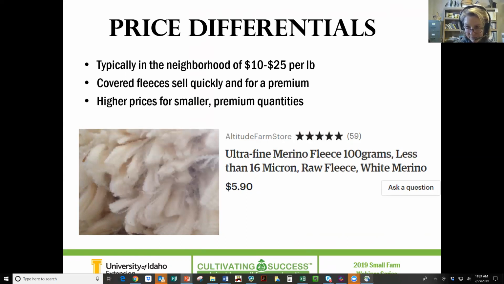That's only about 3.5 ounces, but it's very fine, less than 16 micron raw fleece, white merino, $5.90. So that's one way to just try marketing a little bit. And actually, it will take whoever buys this a long time to process that because it's very fine. And it might just be right for them.